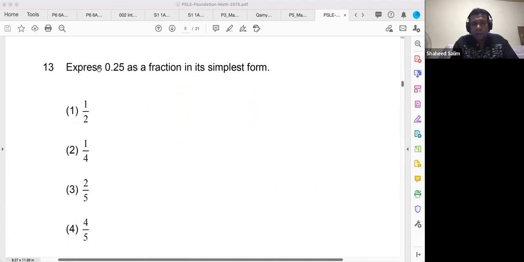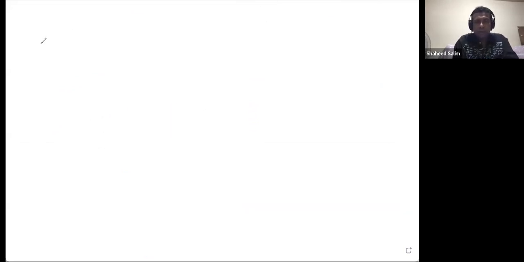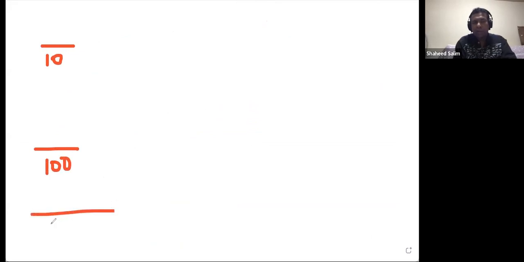Now down here, do you know how to change fraction to decimal? We revise. Whenever the fraction is over 10, over 100, or 1,000, or even 10,000, we can change to decimal.